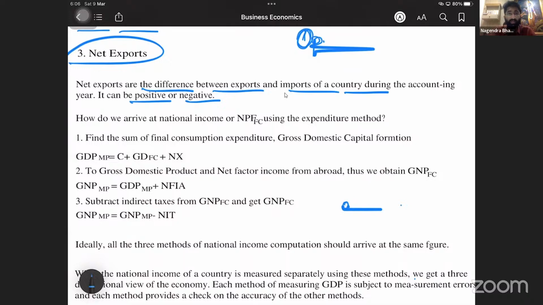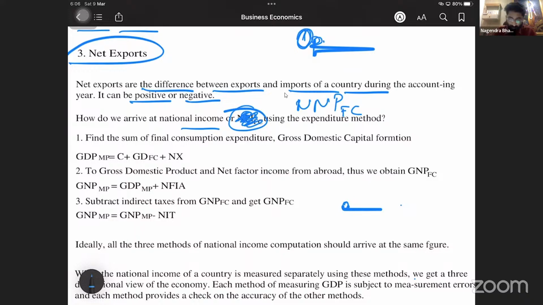How do we arrive at national income, net national product at factor cost, or gross national product at factor cost?